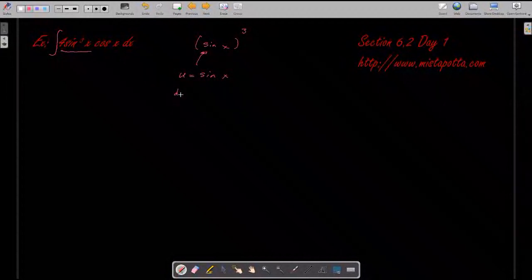And the derivative of sine of x is cosine of x. And if I multiply both sides by the differential dx, I get an expression for du in terms of dx. Remember, I do this by taking the derivative and then moving the differential of my independent variable to the opposite side.